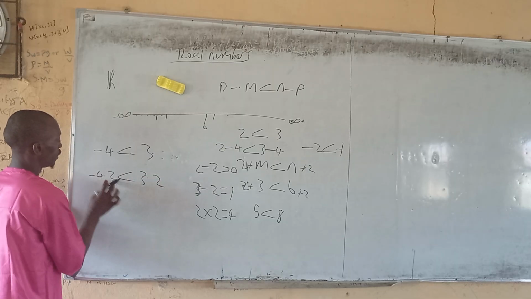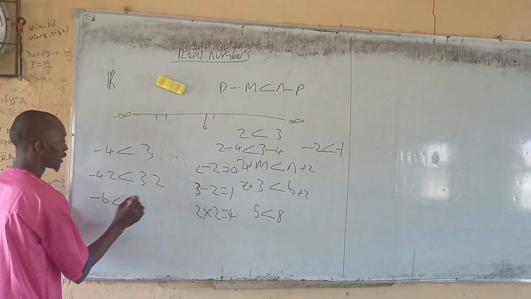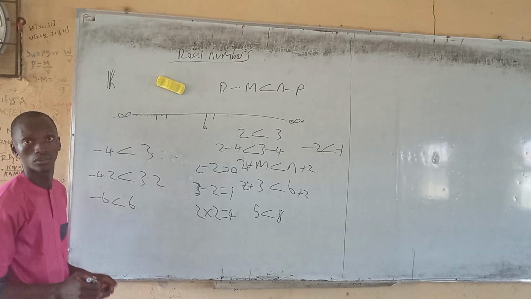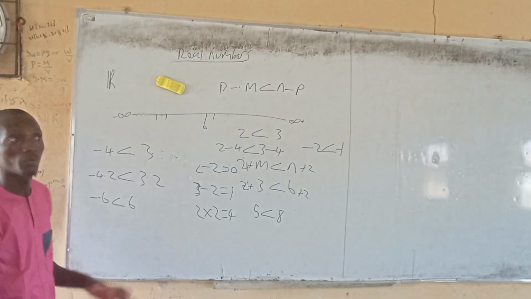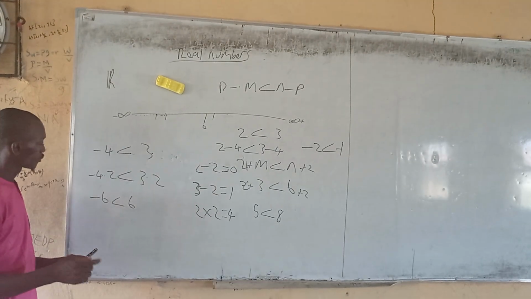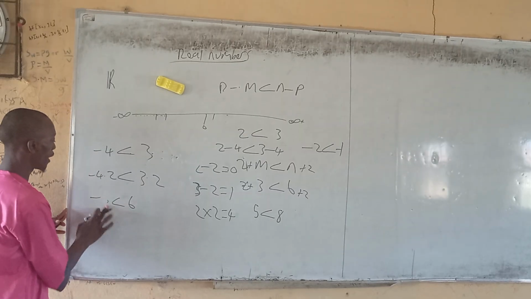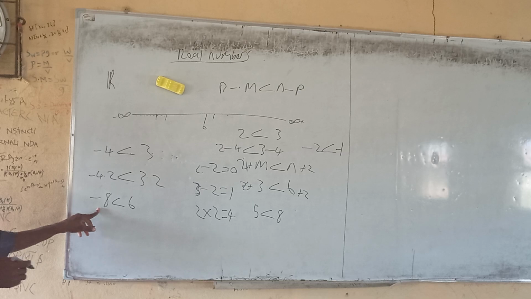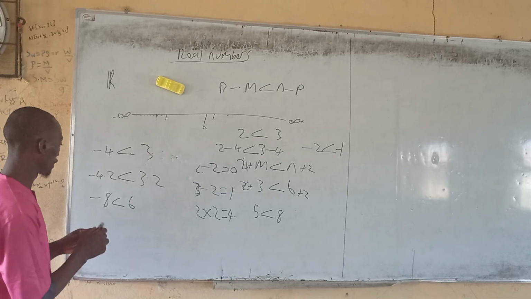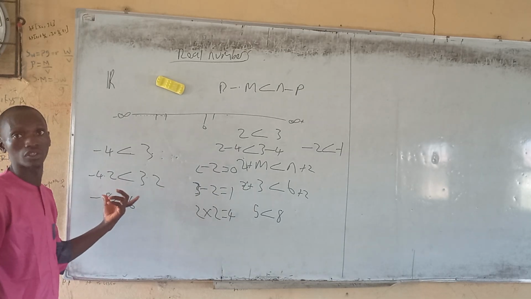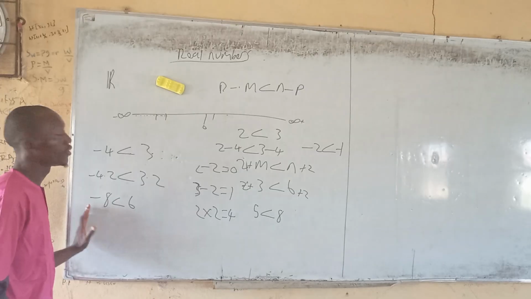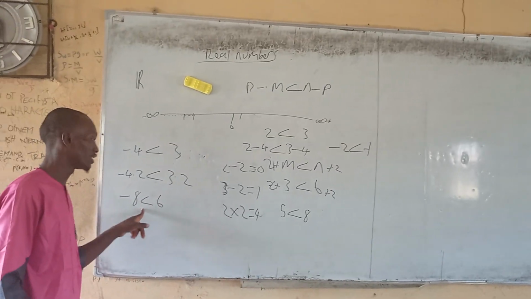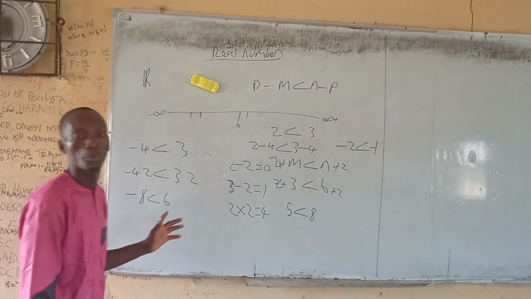Minus 6 is less than 6. Sorry, minus 4 times 2 gives us what? Minus 8. Sorry for that mistake. Minus 8 is less than 6. Whatever value you multiply both sides by, the order must be maintained according to the order property.